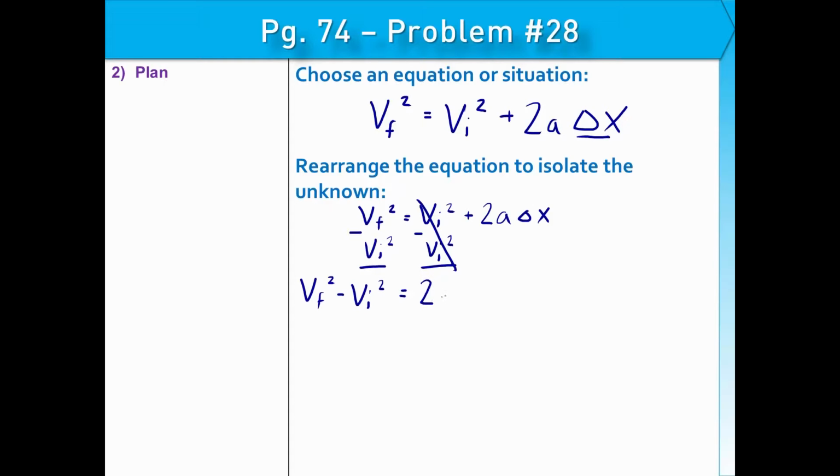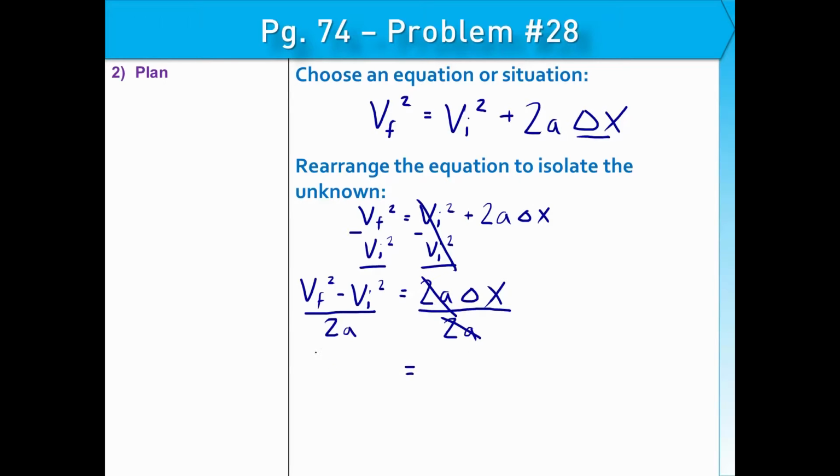So on the left-hand side, I'll be left with final velocity squared minus initial velocity squared is equal to 2 times acceleration times displacement. From here, I'm going to get displacement by itself. So I'm going to divide both sides by 2 times the acceleration. So this and this will cancel out.